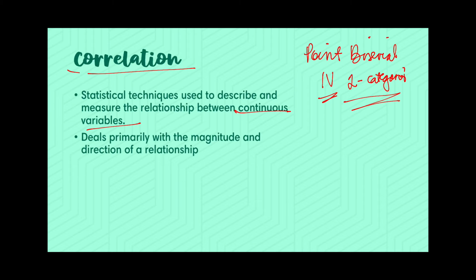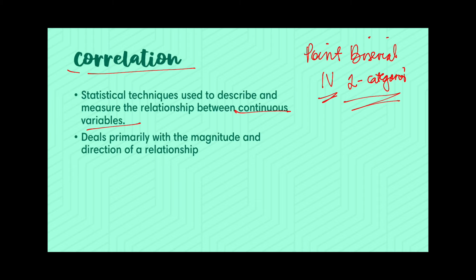Some schools of thought suggest that you can actually do correlation with this. If the correlation coefficient is negative, it means that there's a negative relationship, and if it's positive, it's a positive relationship. Although we don't use that in the department, you might be coming across that in other studies that have used point biserial.